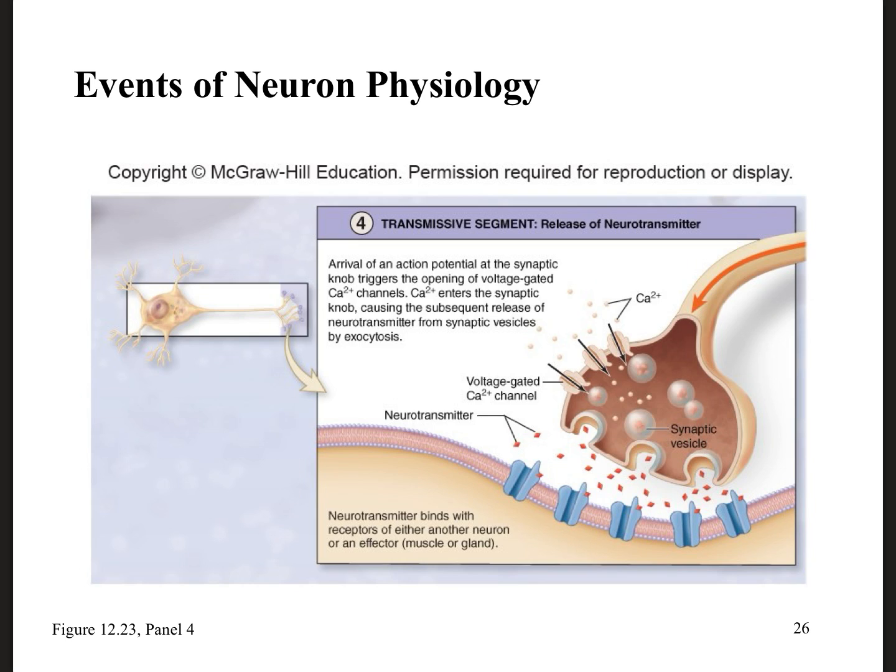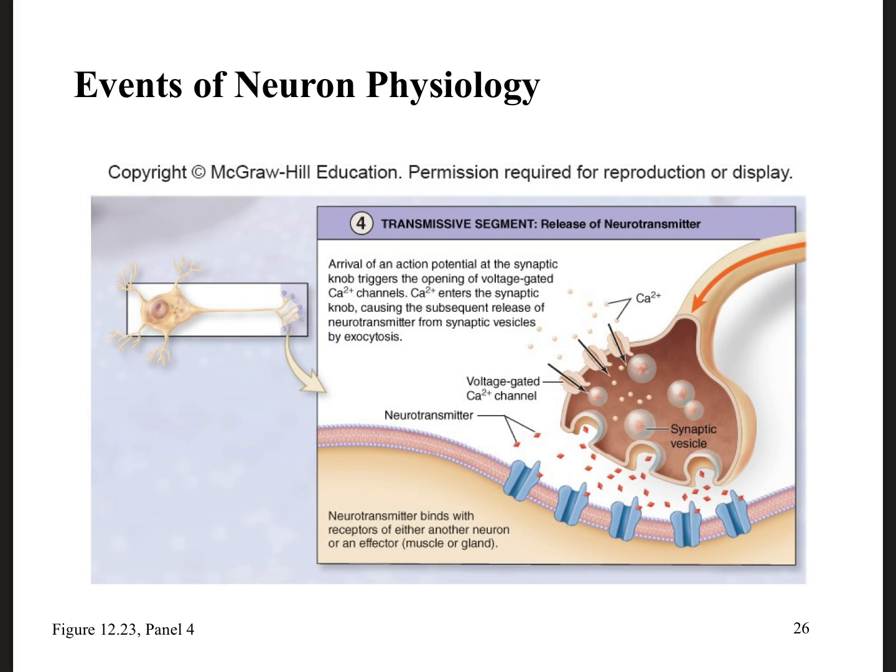Finally, we reach the transmissive segment. That electrical impulse comes down, triggers the opening of what? What channels open in the transmissive segment? Voltage-gated calcium channels. All right?